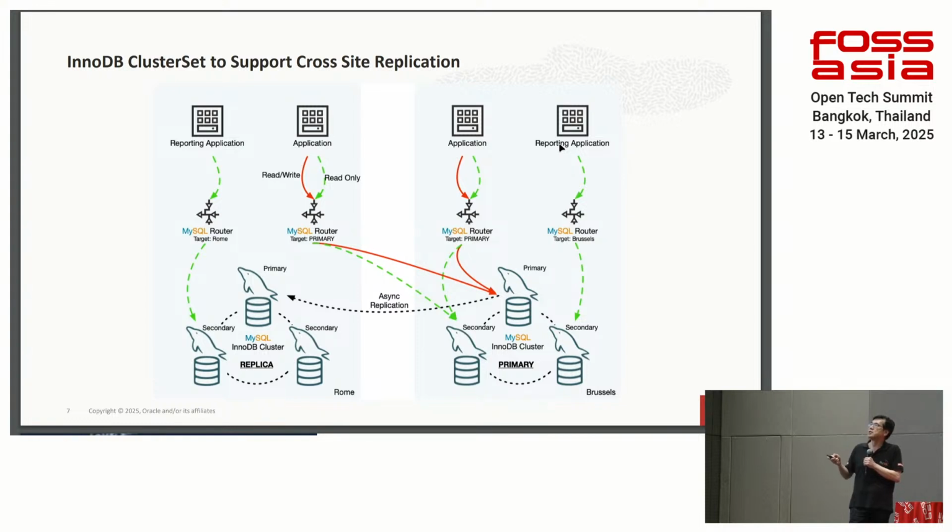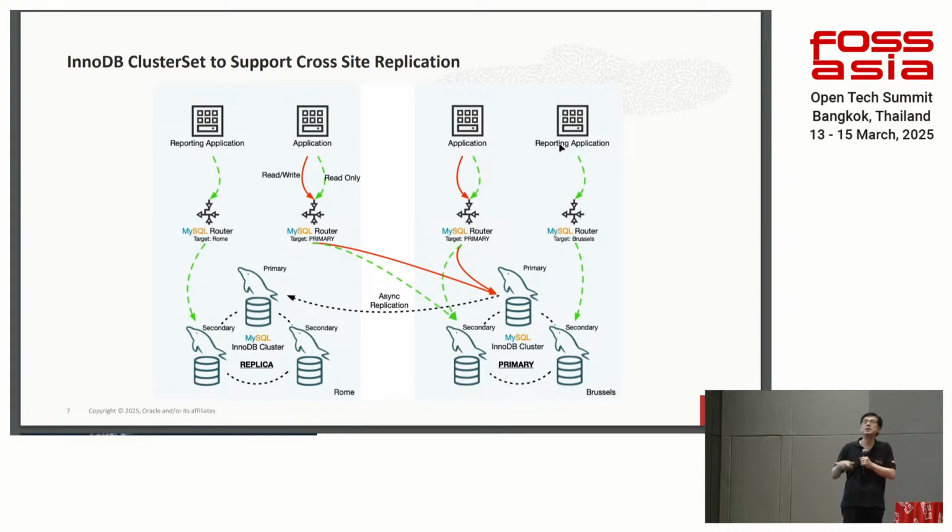So the router will know there's a configuration change, and the write transaction will be dispatched to the new primary node. And even if it is cross-cluster access, say this is the primary node, and the router is sitting in another data center of the cluster, the router will know the change. The router will also do some kind of failover for you.